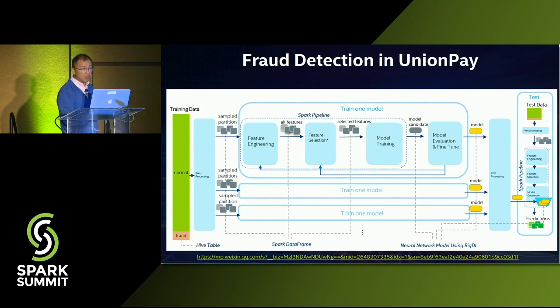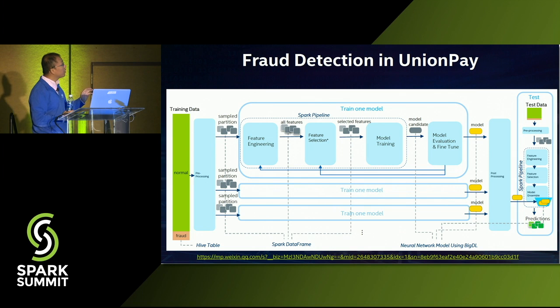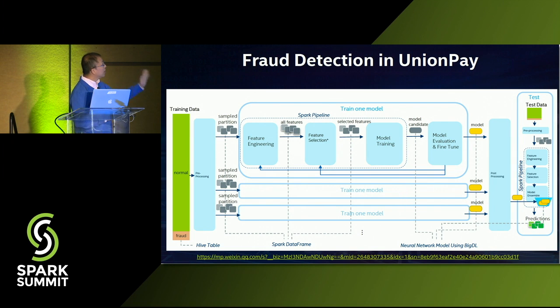This is one particular customer we have been working with for some time, UnionPay, which is kind of the Visa in China, but it's probably larger than Visa. We are working with UnionPay, and they are building an end-to-end pipeline for fraud detection on top of the Spark pipeline using CDH.